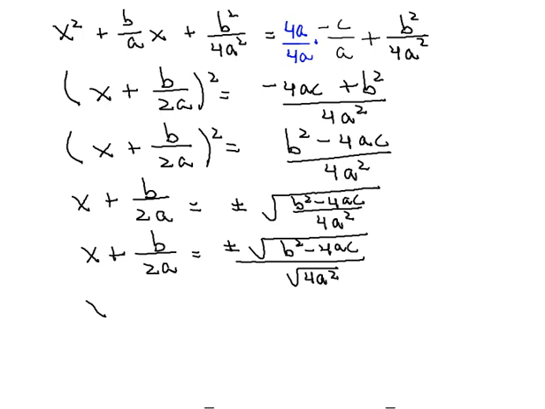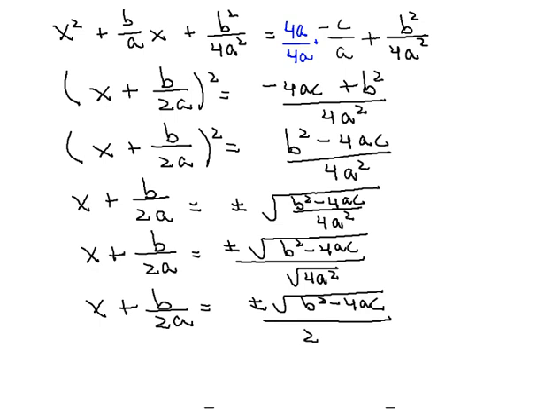So we then have x plus b over 2a is equal to positive and negative the square root of b squared minus 4ac all over 2a.